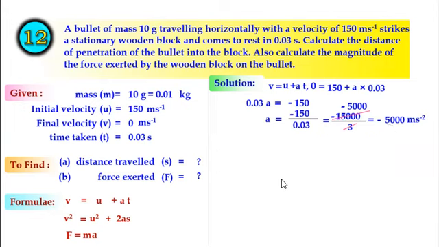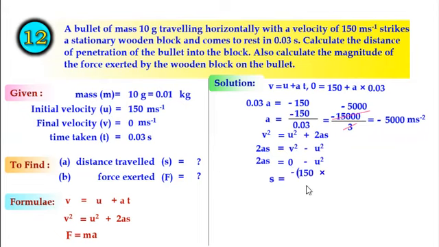Now the question is applied force. V square minus U square is equal to 2AS. V square is equal to U square plus 2AS also we can write. Then S is equal to distance traveled we need to find here. So to find the distance traveled from this formula, S is equal to V square is 0 minus U square is 150 square, minus 150 whole square.